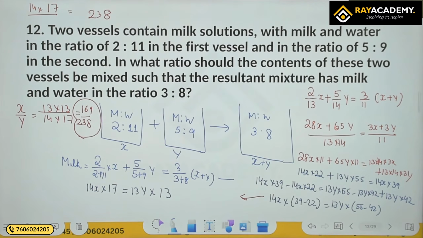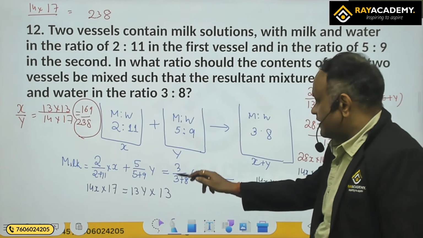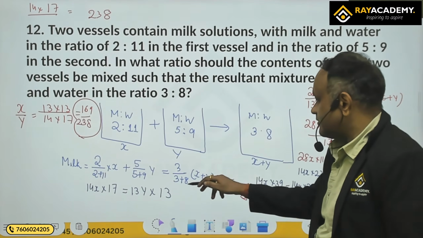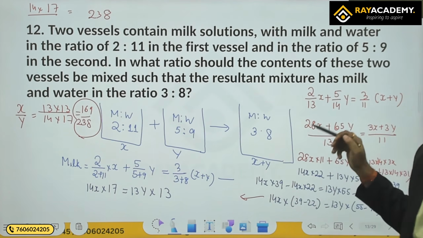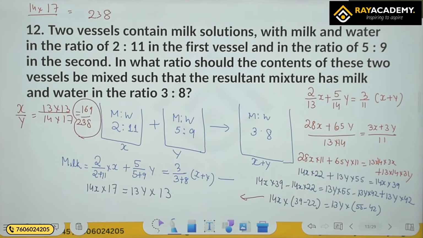Suppose x liter of the first vessel is mixed with y liter of the second vessel, then milk is 2/13 into x plus 5/14 into y, which should be equal to the total milk content in the final mixture, so 3/11 into (x plus y). After that, all the calculation is just to solve and get the relation between x and y. Hope you are getting it.